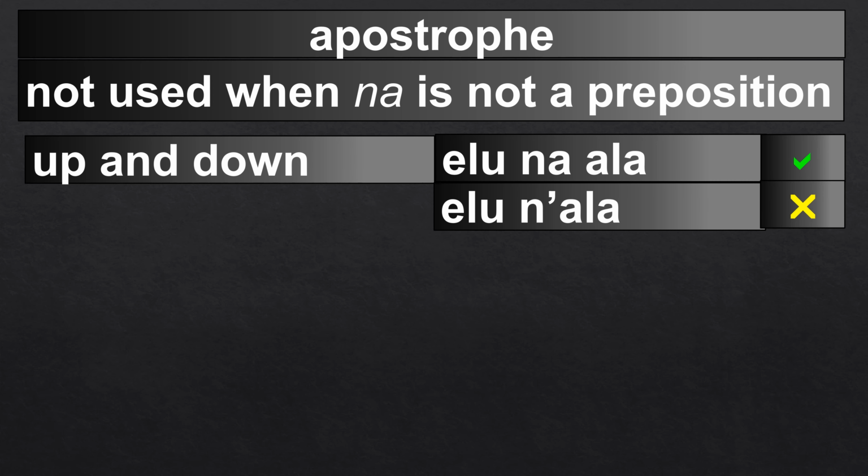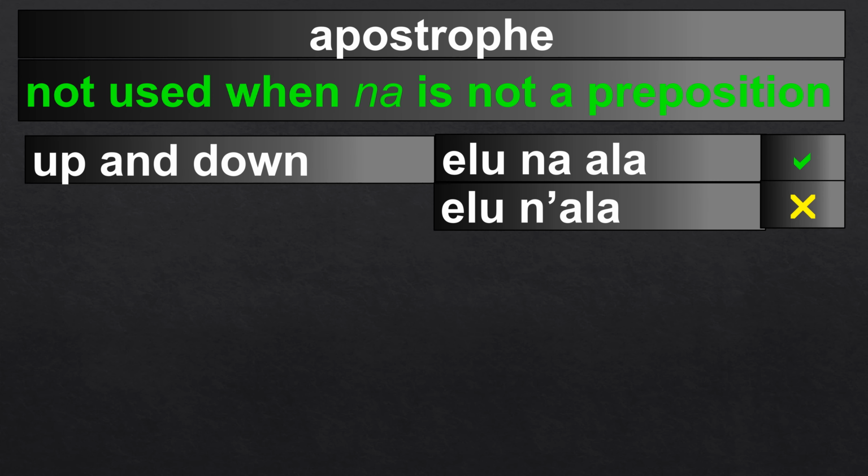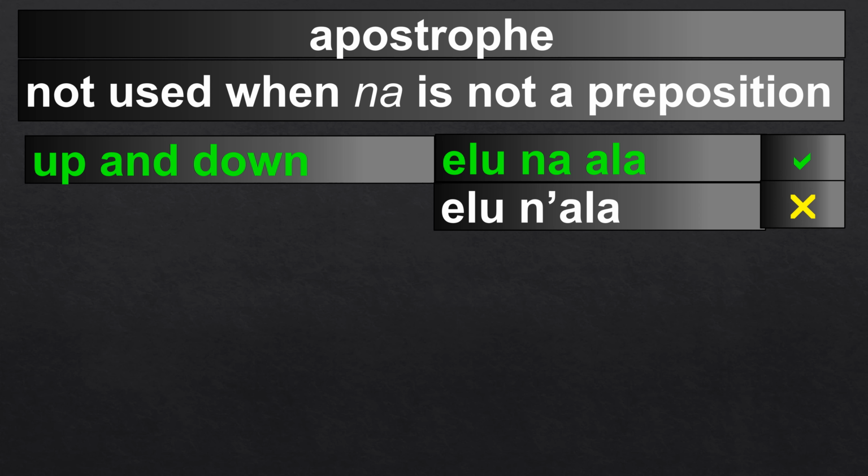So we don't use apostrophe when na is not a preposition. So for example, when you want to write up and down, it is elu na ala. So na here is a conjunction. Remember from our previous lesson we said na could be a conjunction, a preposition, or an auxiliary verb. When na is an auxiliary verb, we write na hyphen. When na is a conjunction, we write na, it doesn't change.